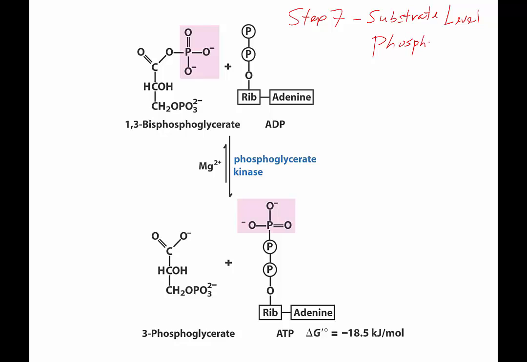We have substrate level phosphorylation, and we have oxidative phosphorylation. And so this is an example of a substrate level phosphorylation, where we're going to take one of our substrates, ADP, and one of our substrates is the 1,3-bisphosphoglycerate, which we got from a previous step, where we oxidized the aldehyde and added a phosphoryl group to it.